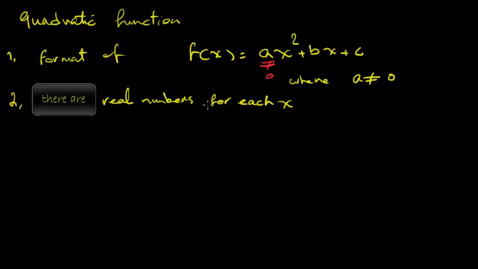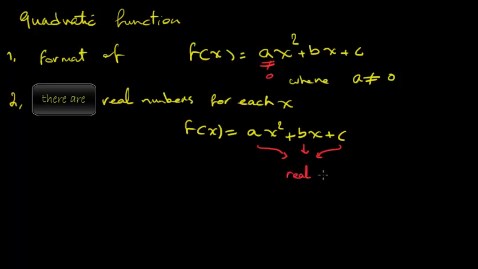It means if we have f of x equals ax squared plus bx plus c, a, b, and c are real numbers. They are real numbers and a cannot be 0.